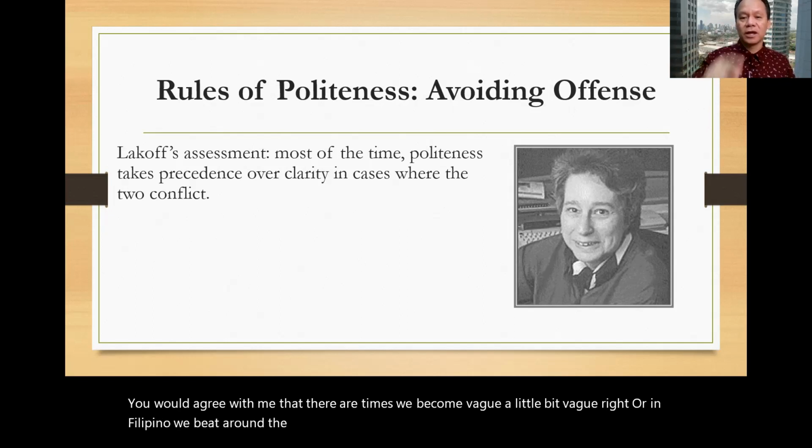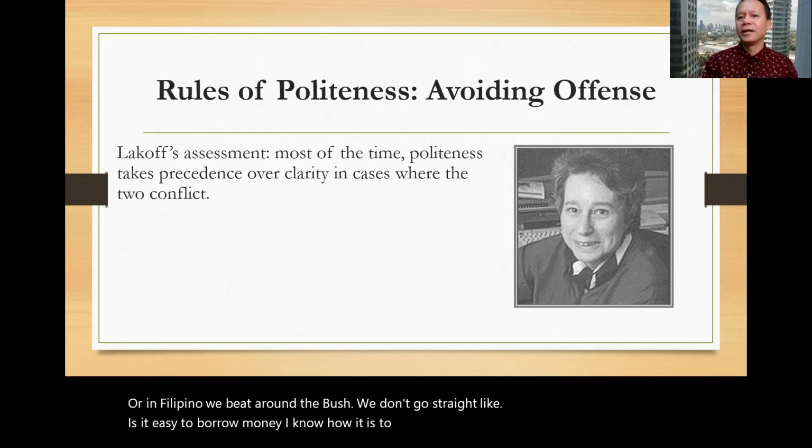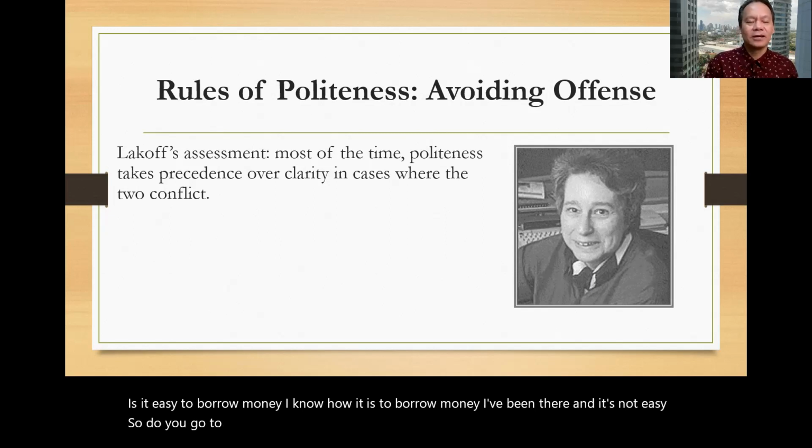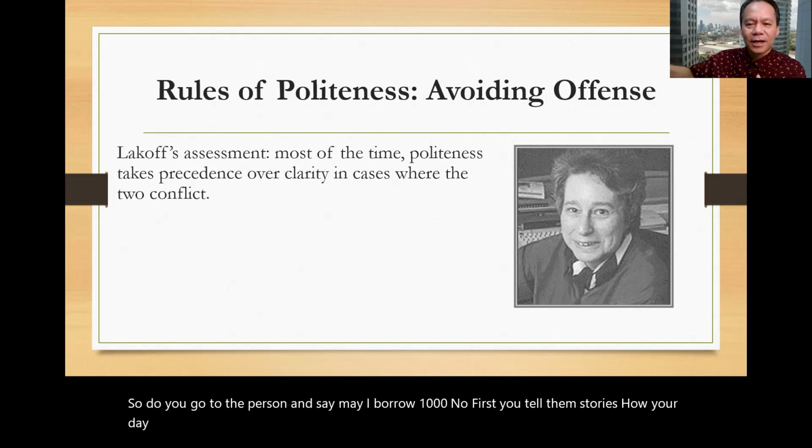We don't go straight. Like, is it easy to borrow money? I know how it is to borrow money. I've been there, and it's not easy. So do you go to the person and say, may I borrow 1,000? No. First, you tell them stories, how your day went, kumustahin mo sila and everything. Yeah. So you ask them, how are you? I'm fine, thank you.